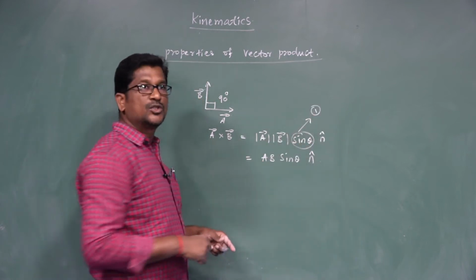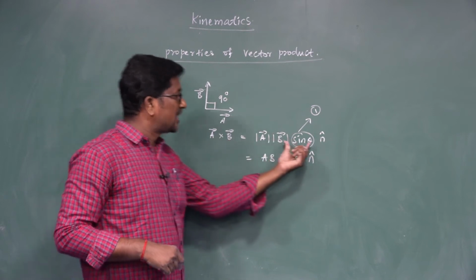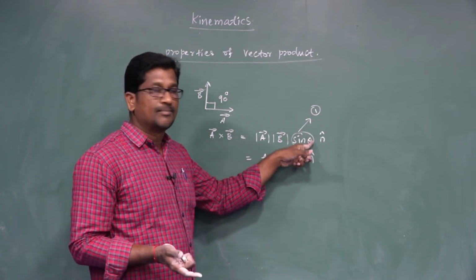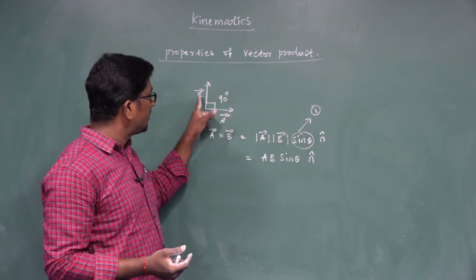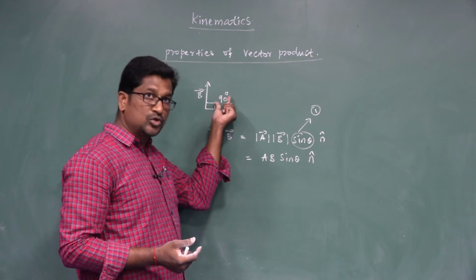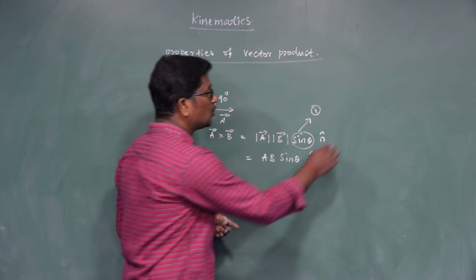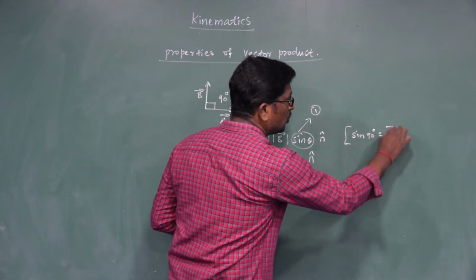Sin theta is 1 if the angle between A vector and B vector is 90 degree. So sin theta value 1 means theta value is definitely 90 degree. What is theta? The angle between A vector and B vector. If the angle between A vector and B vector is 90 degree, or mutually orthogonal, then theta value is 90 degree. So sin 90 is 1.